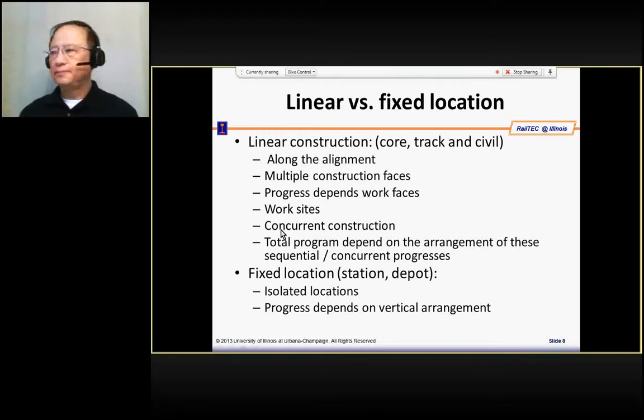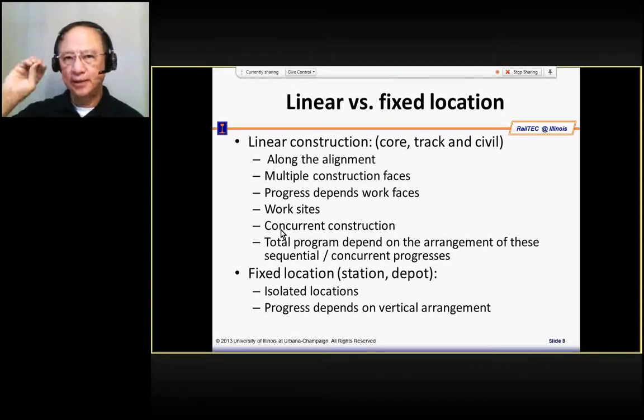And then, even in the same work phase, you can have several activities happening concurrently. You can have some activity at the beginning of the work team, and then some activity following that, becoming a work gang, with, for instance, track laying at the beginning, power line laying as the second gang, and so on, becoming a work team concurrently constructing the work.